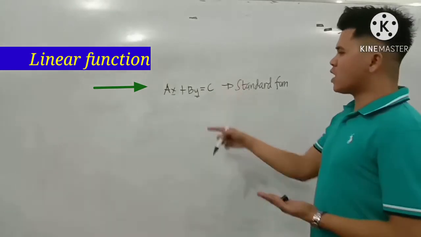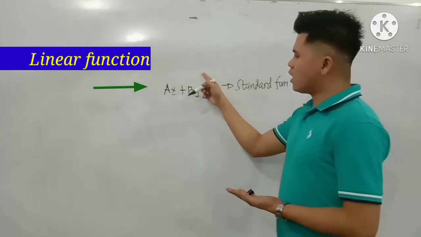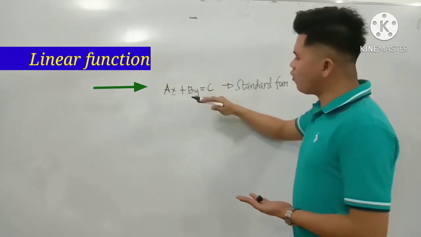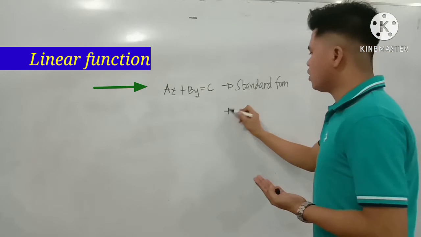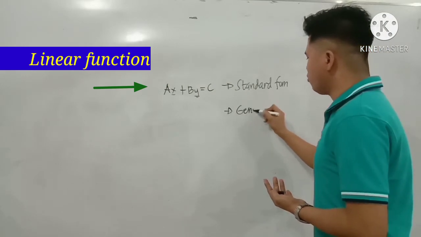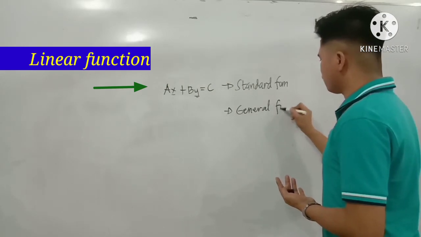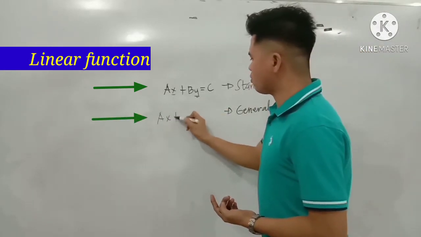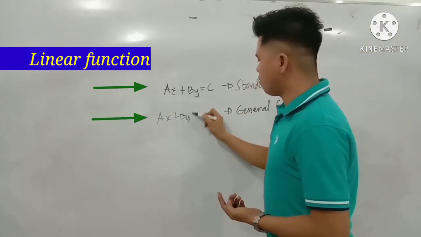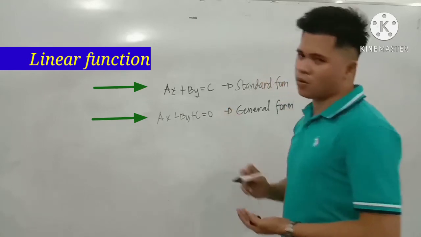If our constant is written on the left side and our right side is 0, then it is what we call the general form of the equation. So we have here ax + by + c = 0.